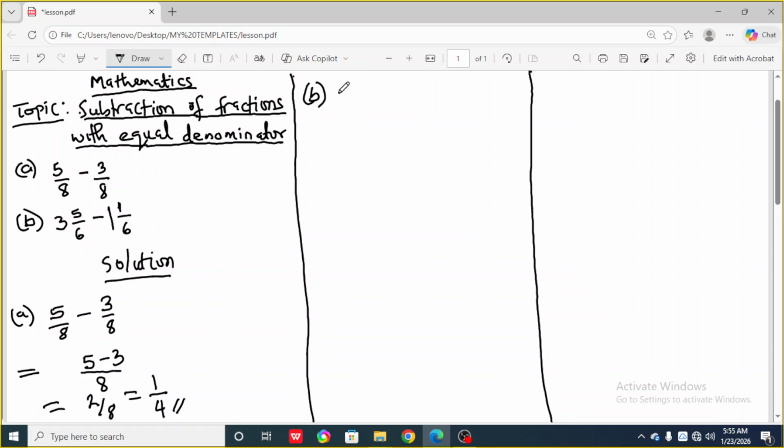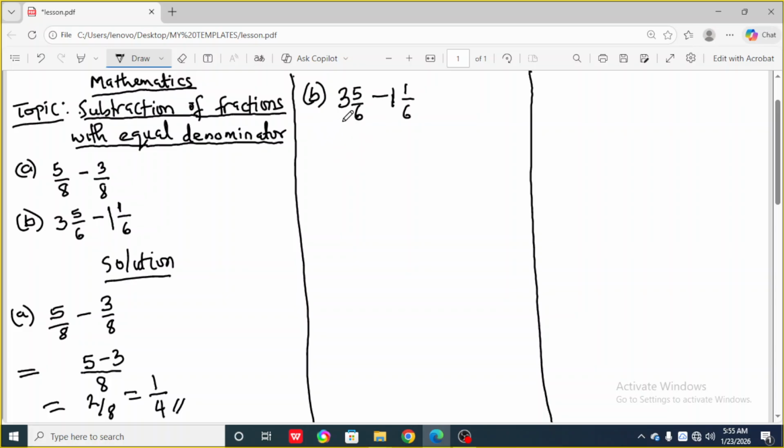B, we are having 3 whole number 5/6 minus 1 whole number 1/6. So how do we approach this?